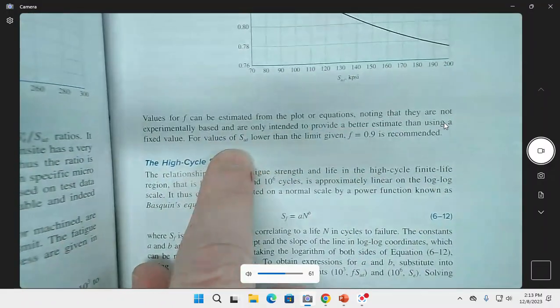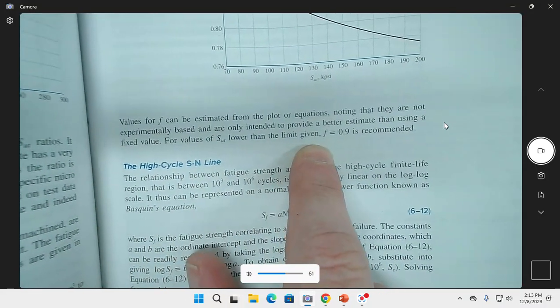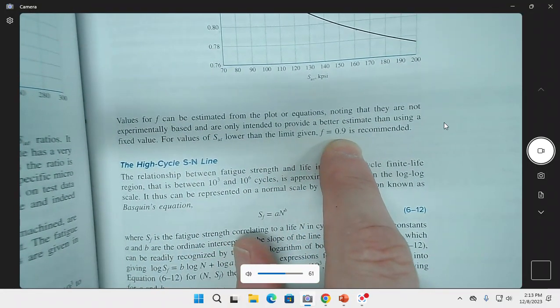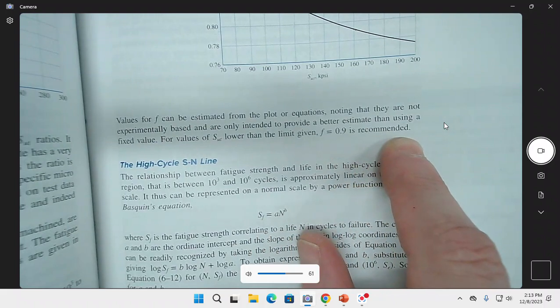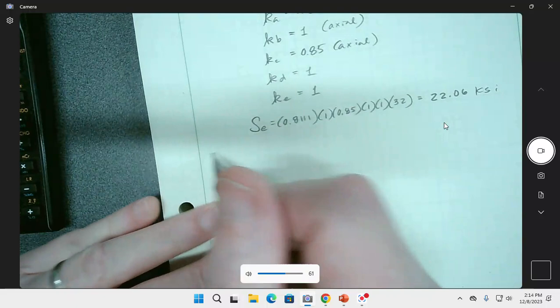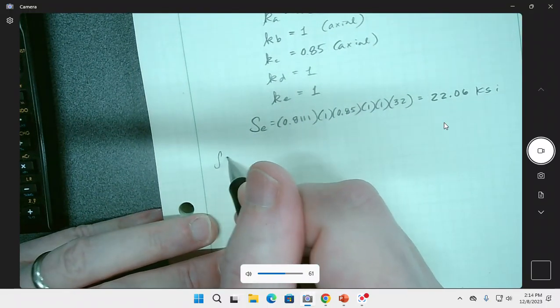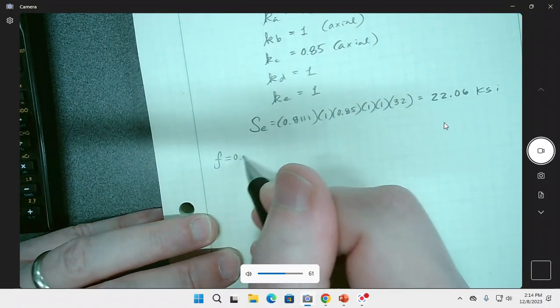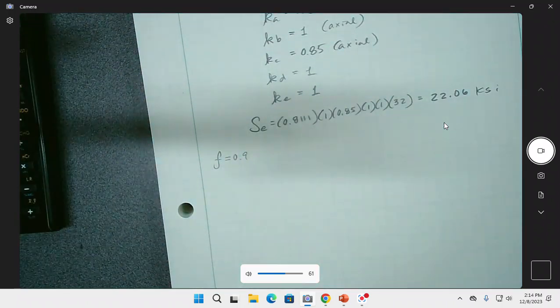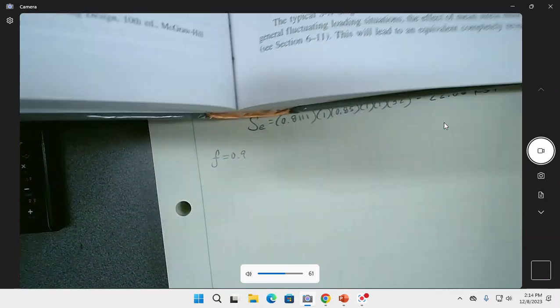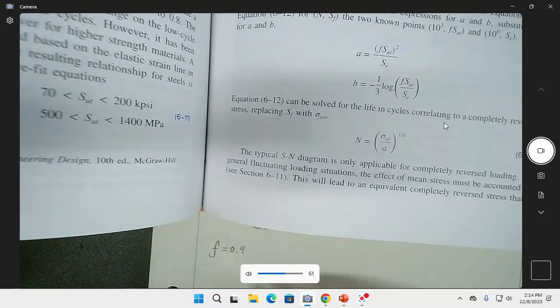For values of SUT lower than a limit given, F equal to 0.9 is recommended. So F is 0.9.